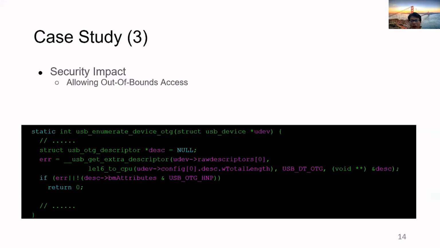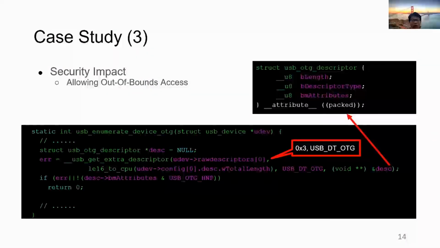Leveraging this vulnerability, the attacker can trigger out-of-bound memory access. For example, if the attacker provides these 2 bytes from the device side, it will be accepted by the vulnerable function as a 3-byte USB OTG descriptor. So when the missing field is accessed, out-of-bound memory access is triggered.